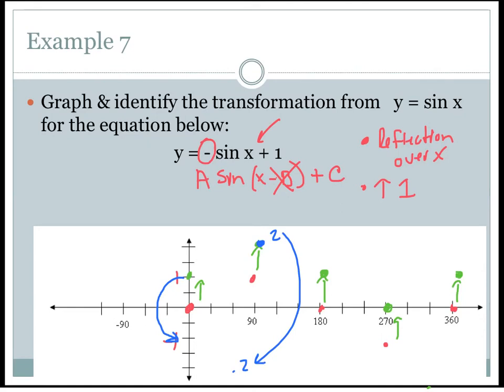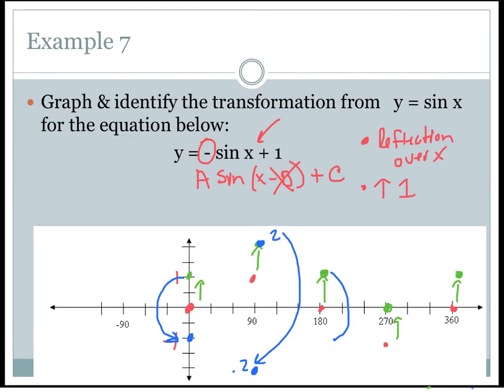So I find out what the height is going to be as I shift everything up, and then I do the flip with the negative. That's how I graph something with multiple translations. I save the reflection for the very last piece. I get everything set and flip it.